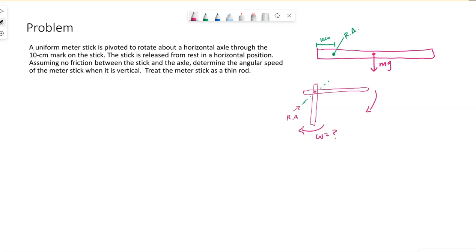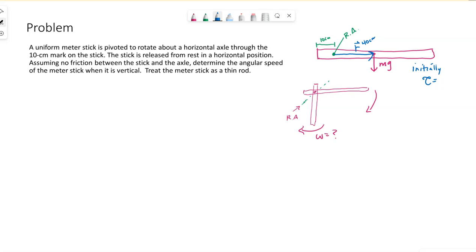Now, we know the force of gravity is applying a torque. There is a lever arm. The lever arm points from the rotation axis out to the force. So initially, the torque is that lever arm, which would be 40 centimeters, so 0.4 meters.